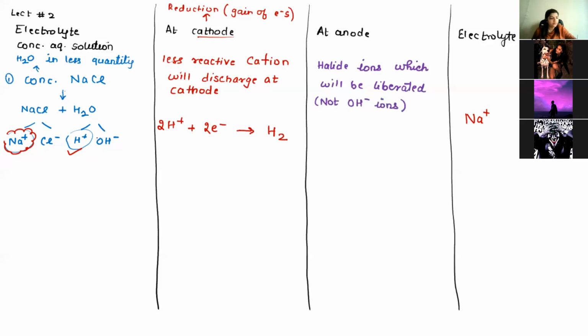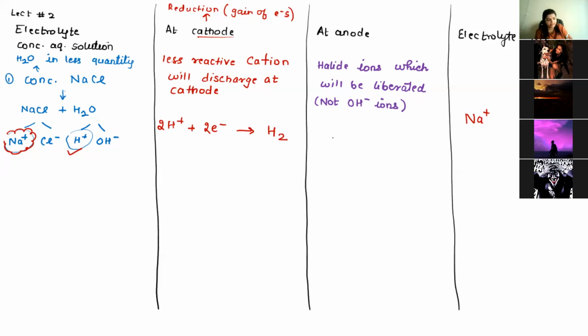So out of OH- and Cl-, which ion will be liberated? Yes, Vanya, it will be chloride, Cl-. At anode, we know that since cathode is reduction, anode is oxidation, and there will be loss of electrons.